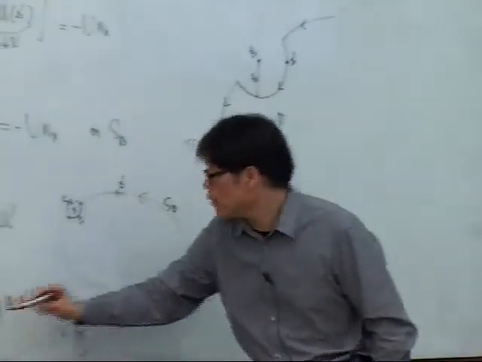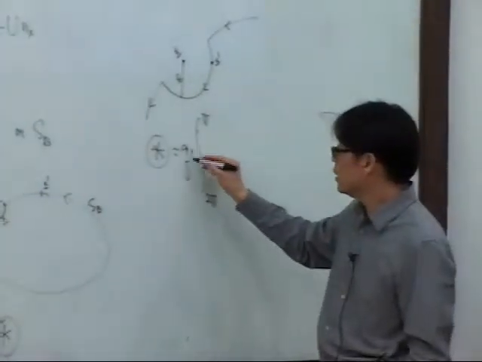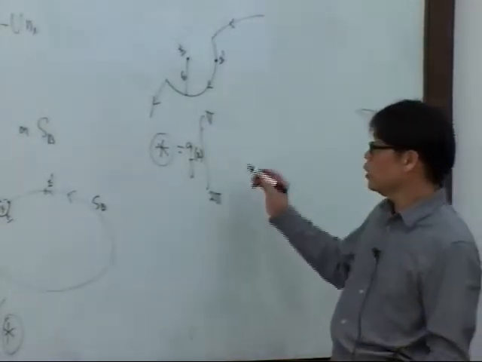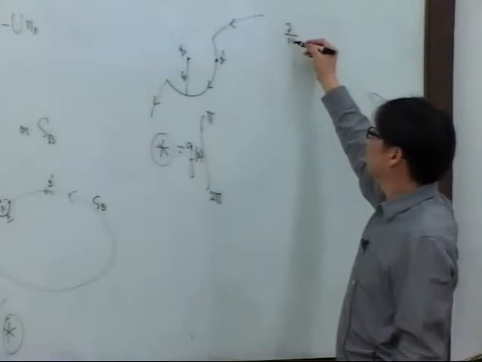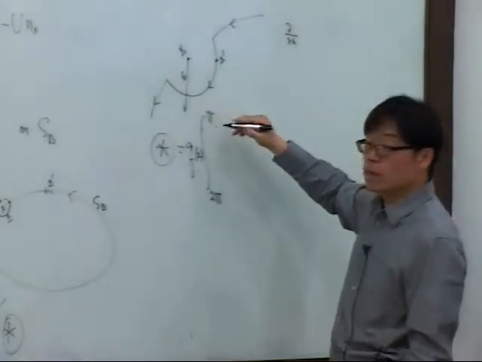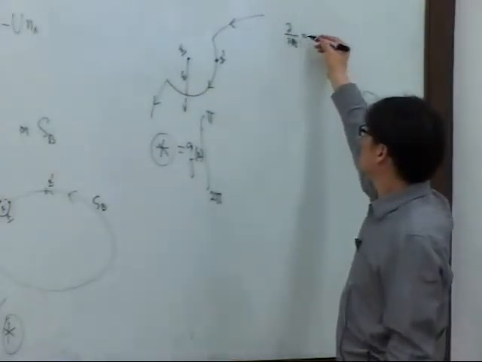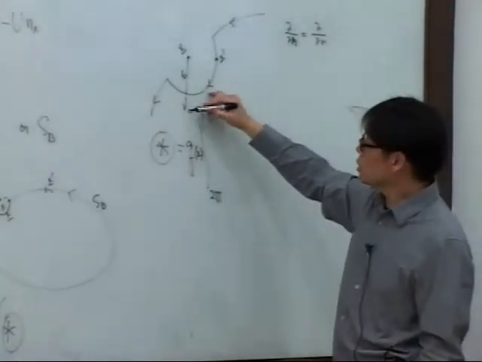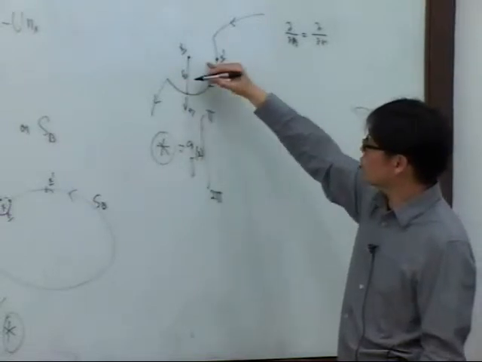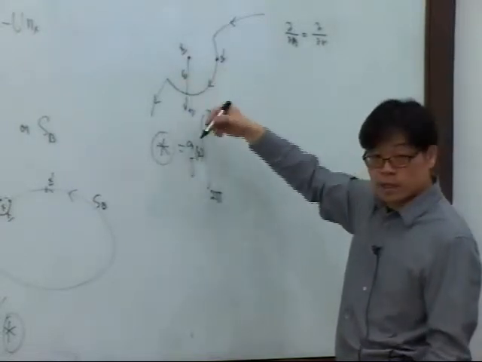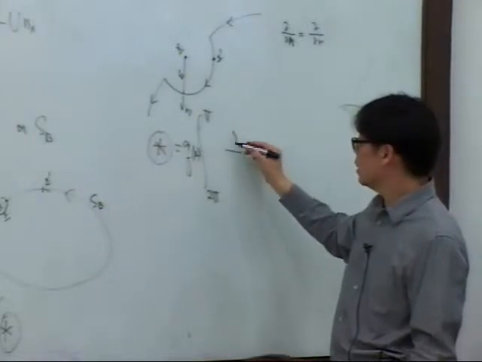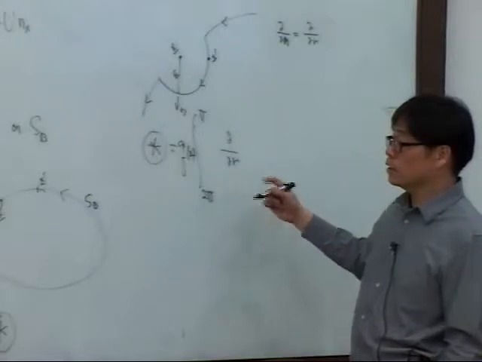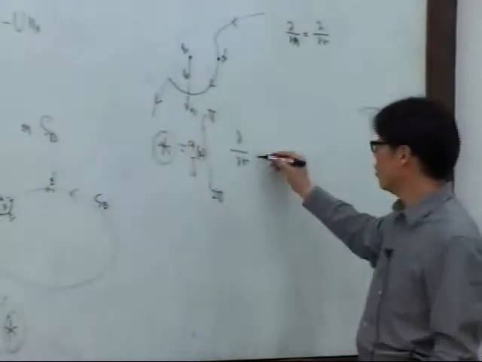Therefore, I can pull this guy outside like this, and then ∂/∂n, the normal vector is this way, is nothing but ∂/∂r here, because this is the normal direction, and the radial direction is also in this way. So I can replace ∂/∂n by ∂/∂r, and then this log is nothing but log r.